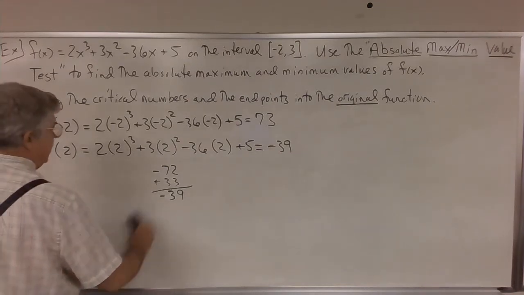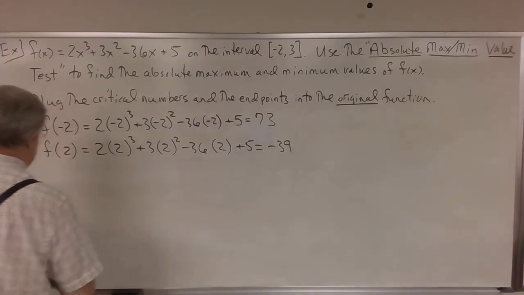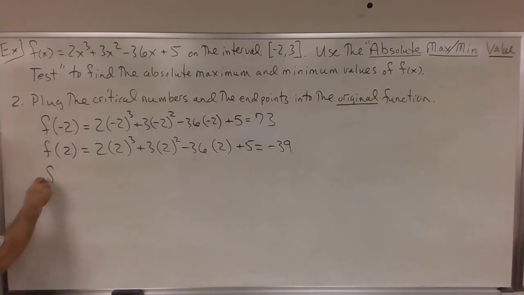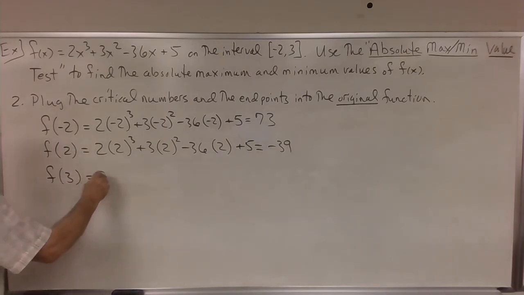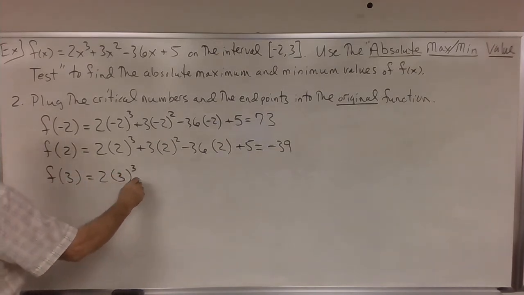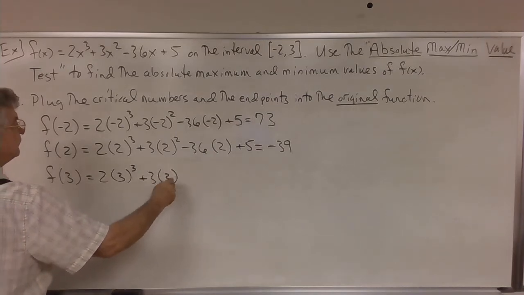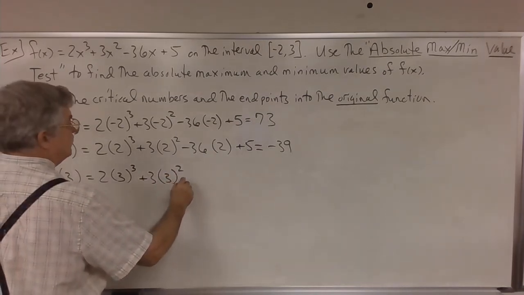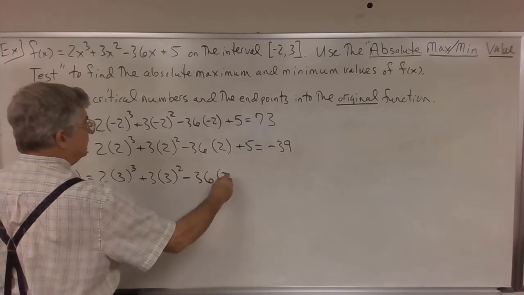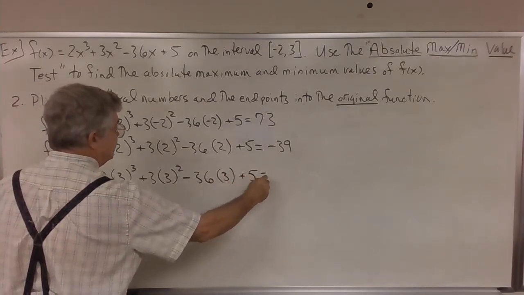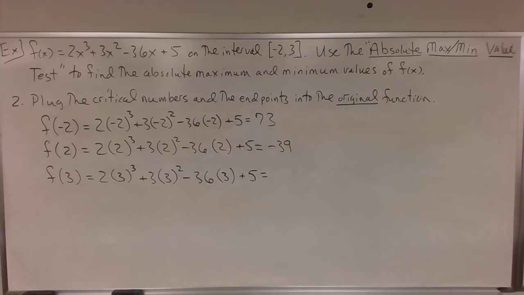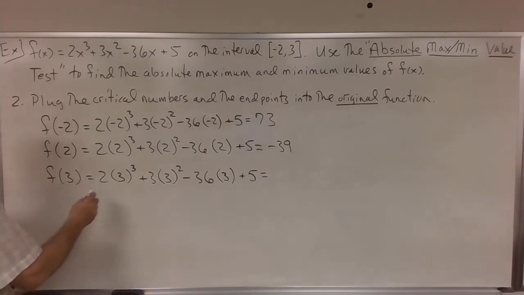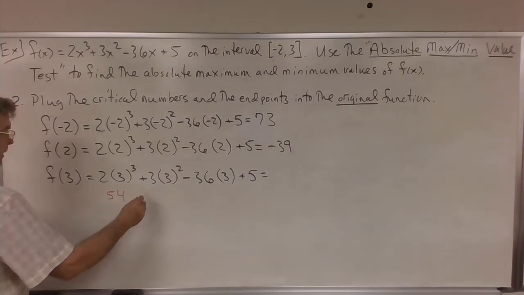And let's see. F evaluated at 3. 2 times 3 cubed plus 3 times 3 squared minus 36 times 3 plus 5. Now, what is that going to be equal to? Let's see. 3 cubed is 27 times 2 is 54.